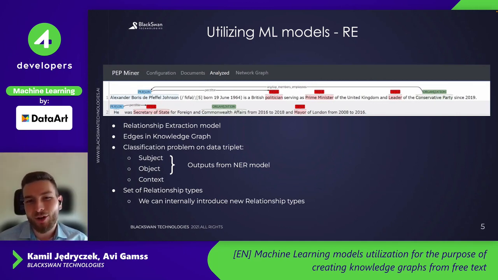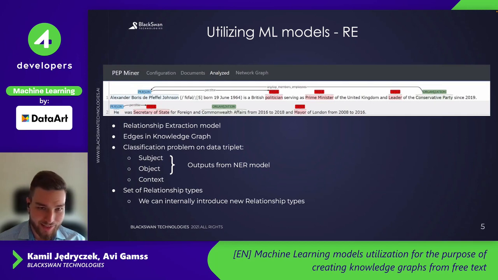So by the way, you can also guess what is the chronology of our models. First, we need to run the NER inference on our text, then gather the entities, and then based on, again, the same text, the same context, and those entities, we are trying to look if the information about this relationship is also presented in this text. And very similarly to NER, in RE we also have a set of relationships that we would like to spot.